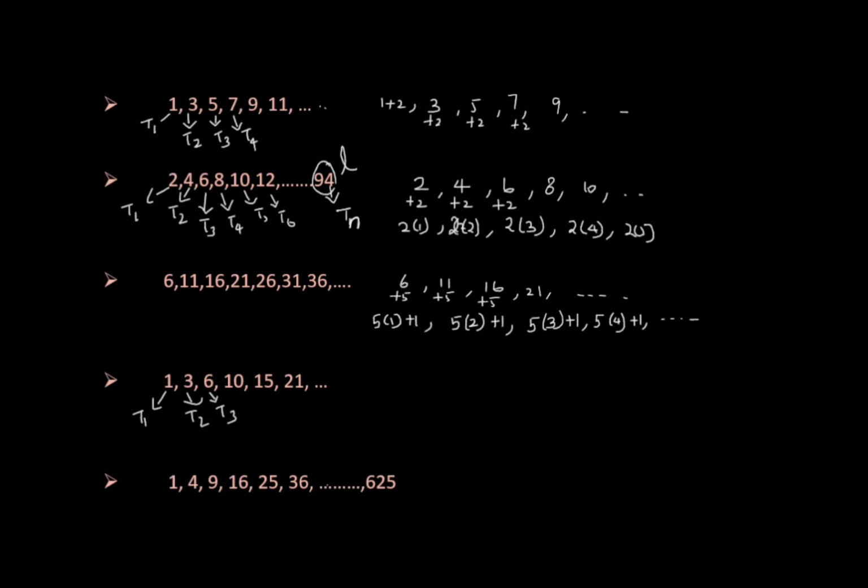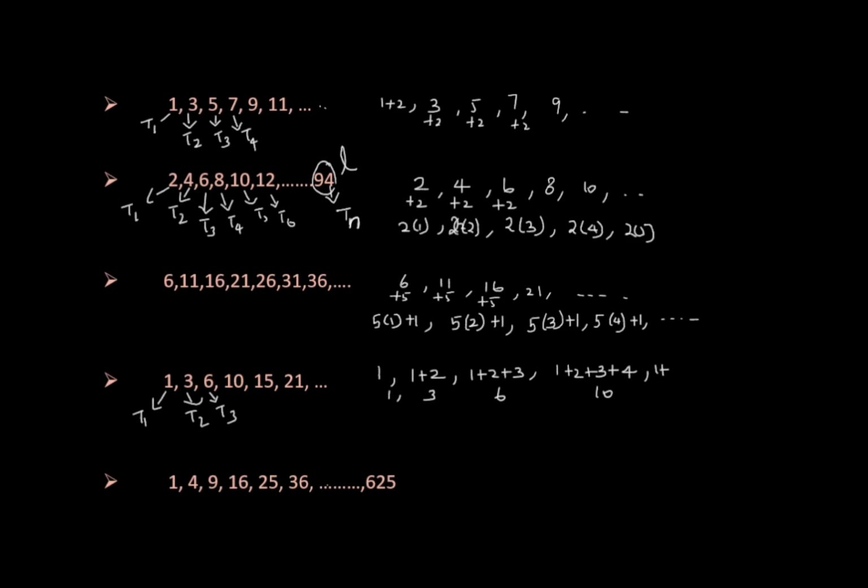So how do we get the sequence? The first term is 1. Then the second term, summing the first two numbers, 1 plus 2 is 3. Then 1 plus 2 plus 3, we get 6. Then 1 plus 2 plus 3 plus 4, we get 10.